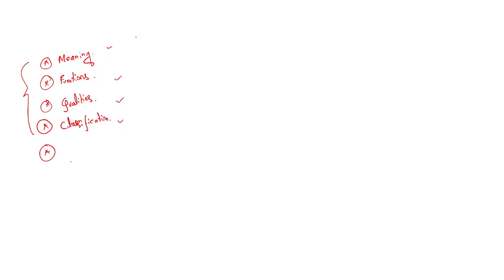At last we have constitutionalism and constitutional government. So in this chapter we are going to read these 5 things. So in this video let's understand the meaning of constitution.